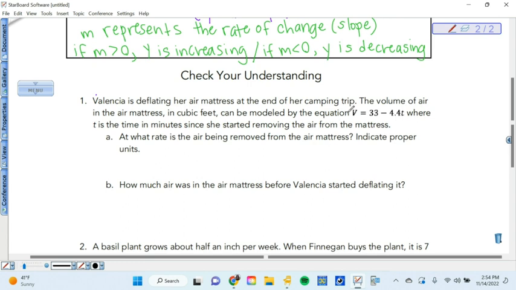V equals 33 minus 4.4T. What is the rate that the air is being removed? There it is, cubic feet per minute.